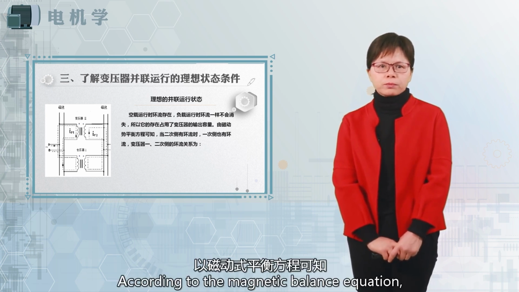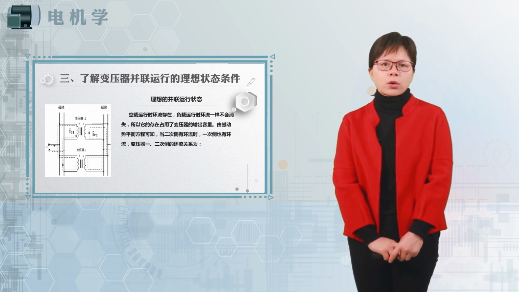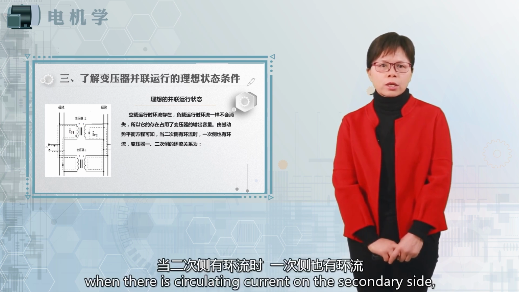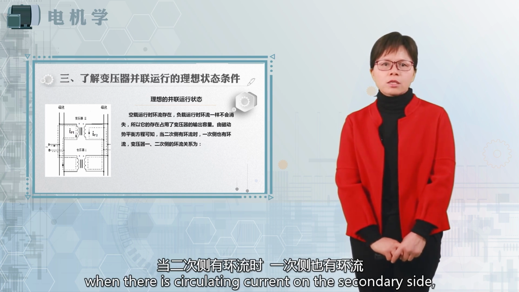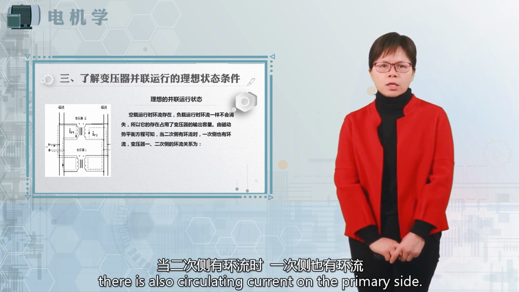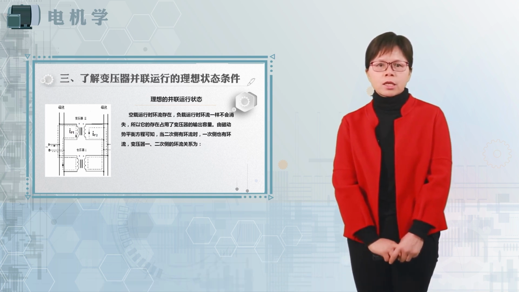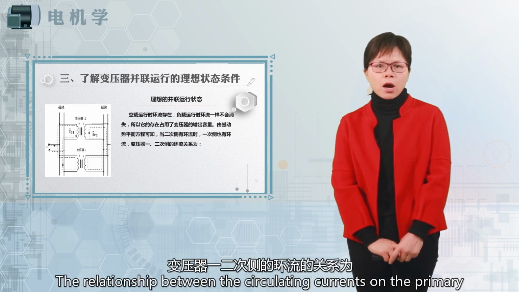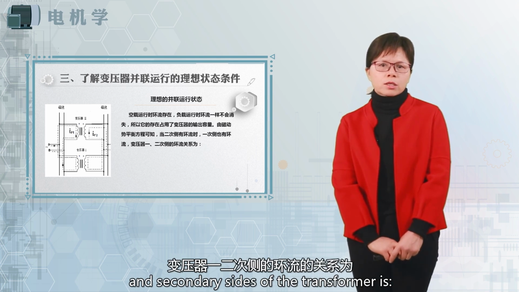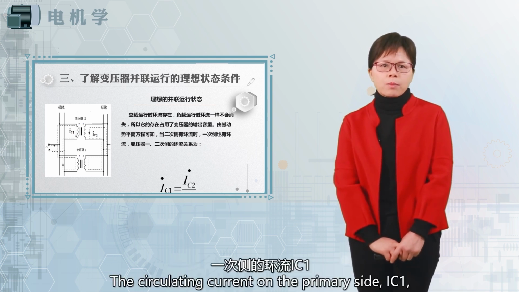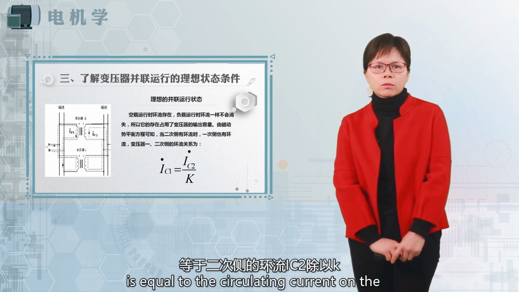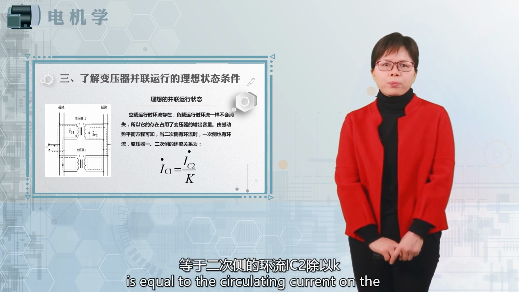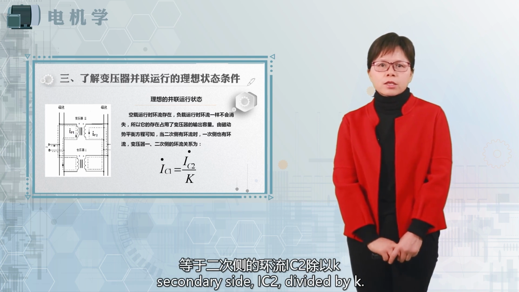According to the magnetic balance equation, when there is a circulating current on the secondary side, there is also circulating current on the primary side. The relationship between the circulating currents on the primary and secondary sides of the transformer is that the circulating current on the primary side, IC1, is equal to the circulating current on the secondary side, IC2, divided by K.